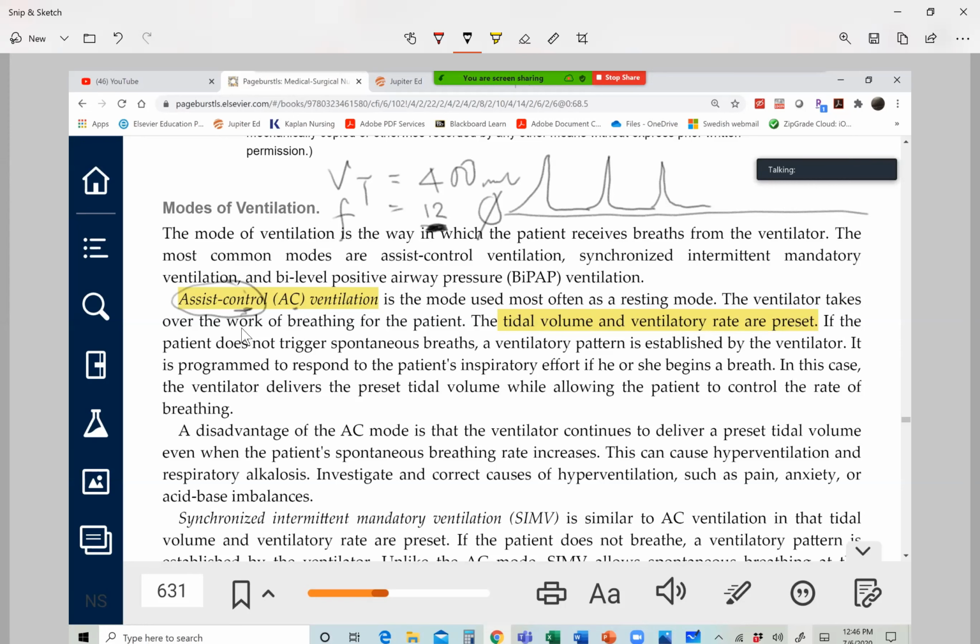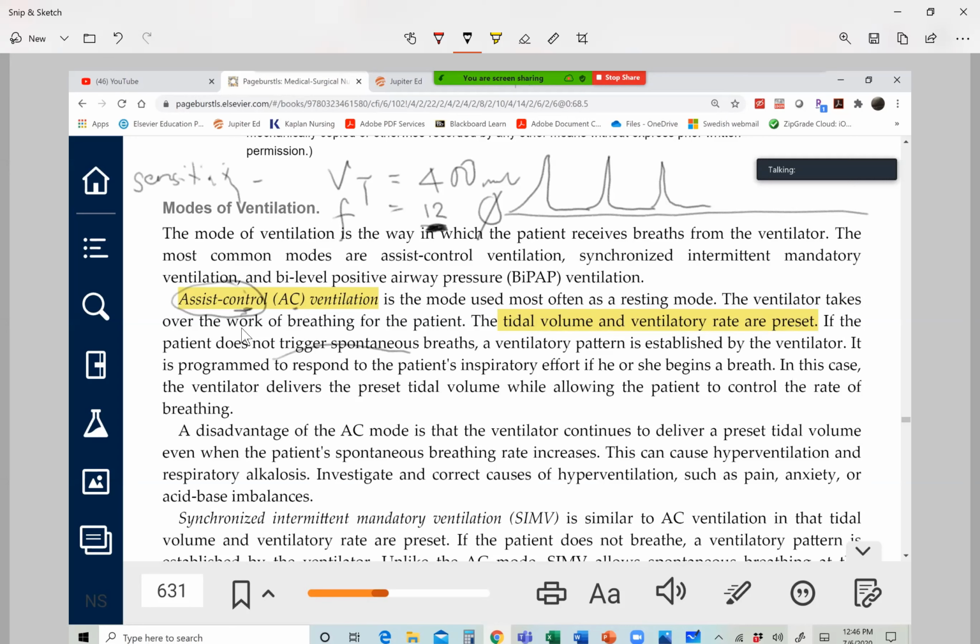However, if the patient triggers spontaneous breaths, the machine catches the patient's trigger. There's a setting on the vent, which I didn't mention, nor did the textbook mention it, called sensitivity.